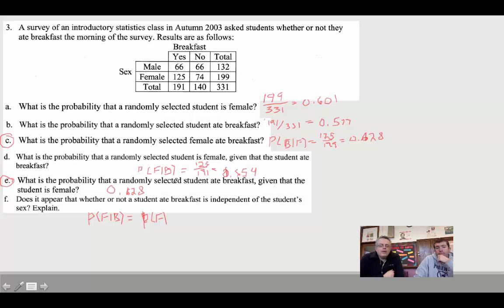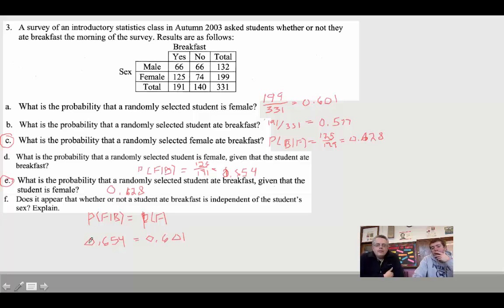The probability of female given breakfast, we calculated in D. That was 0.654. And the probability we get a female was given in A, 0.601.